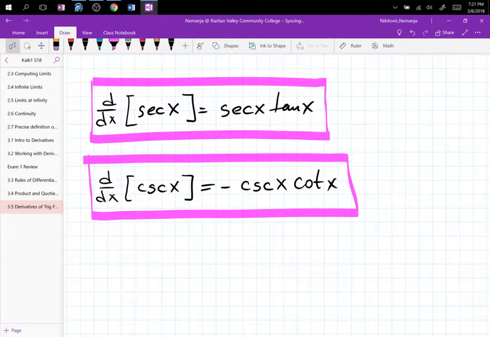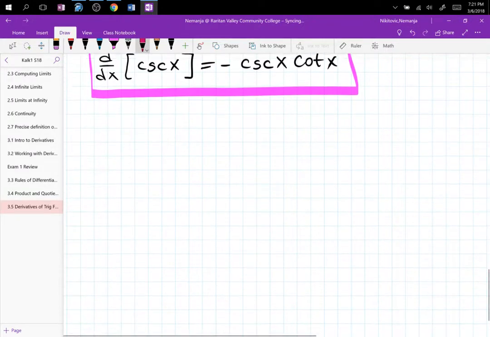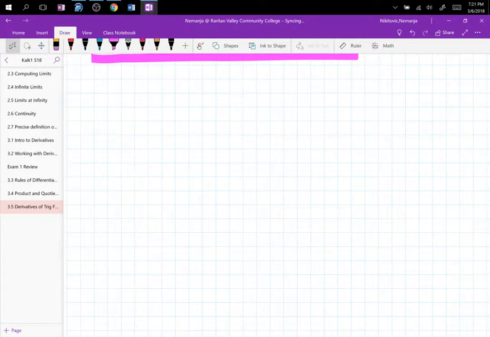Now, just in time, I am going to write all 6 trig derivatives in one spot so that we can look at them and compare them and see the cool way to remember and memorize this stuff. Or you can do the limit. I'm going to write the same thing.